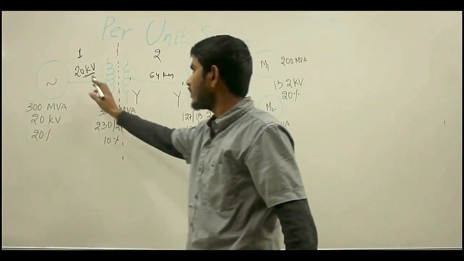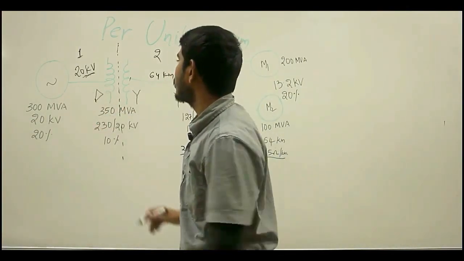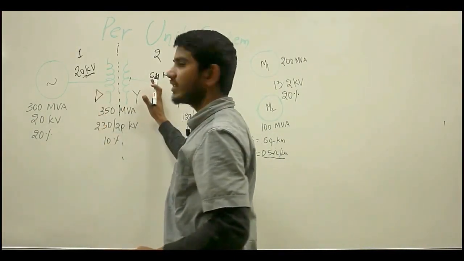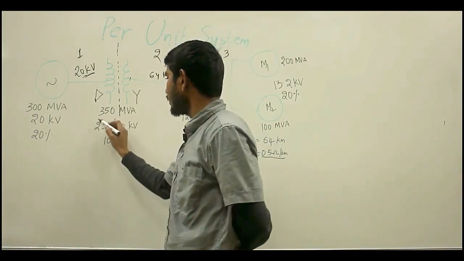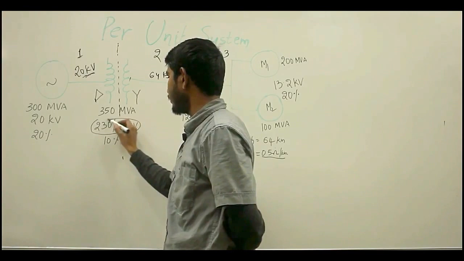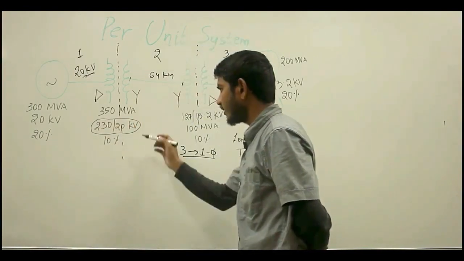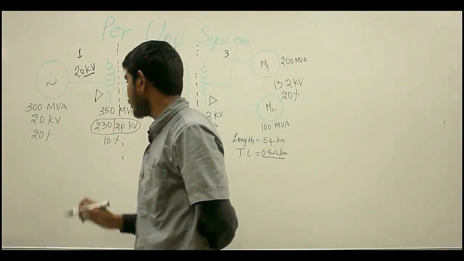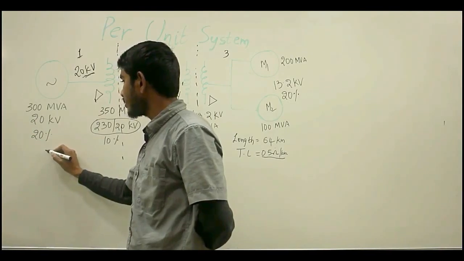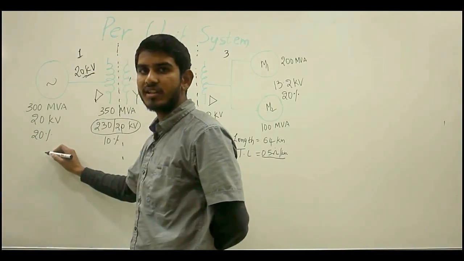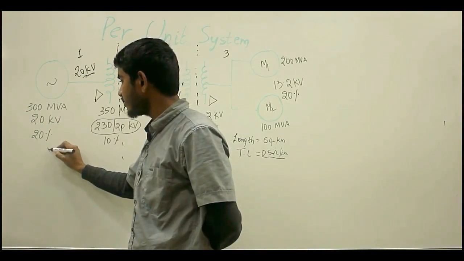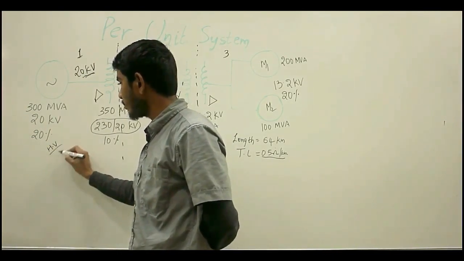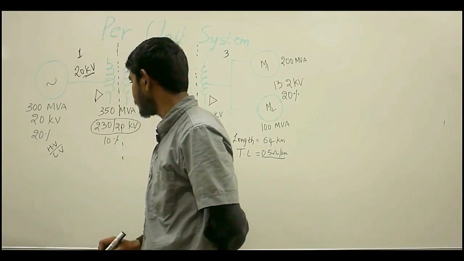Now 20 kV is the base here, and you have to find what the base is in this transmission line. So I have been given 230 upon 20 kV. Whenever you are given a ratio like this, this is your turns ratio, which by IEEE standards is the number of turns in the HV winding to the number of turns in the LV winding.